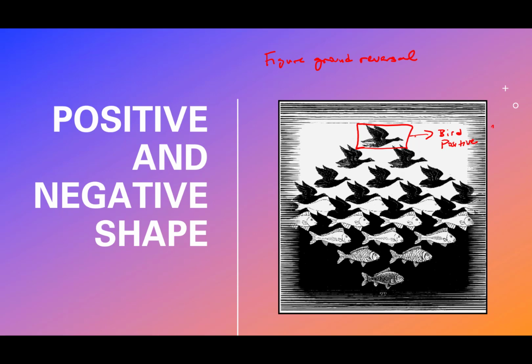And then as it goes down, which is why it's called ground reversal, because it's going to the ground, it slowly begins to change, and it's very subtle, where all of a sudden what was the bird becomes the background, and instead you have a shift to a fish that starts out negative, and by the end moves to positive.